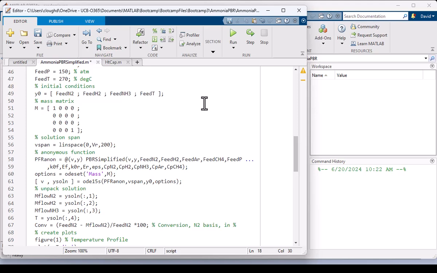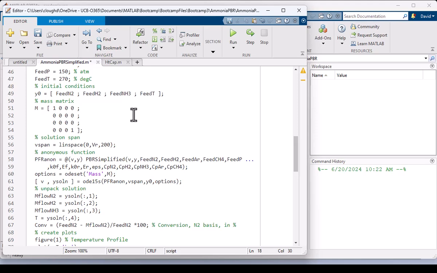And the initial conditions, we have our feed rate for nitrogen, hydrogen, and ammonia, and our temperature. So we have 4 variables that we're solving for, and we note that the temperature and the feed of nitrogen are both governed by differential equations, but hydrogen and ammonia are governed by the stoichiometric relationships, which are algebraic.